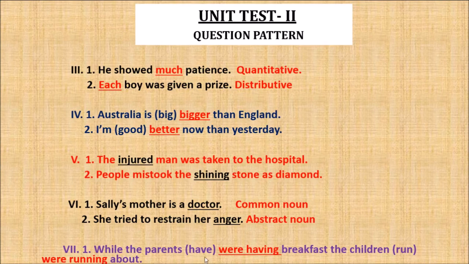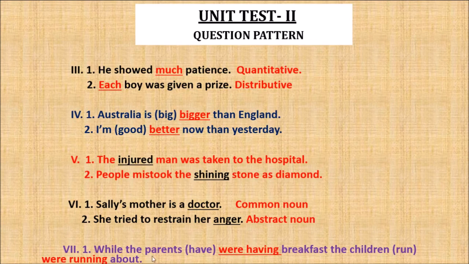While the parents having breakfast, we can't write having breakfast because the parents is plural, right? When the noun is in the plural form, it will be added along with a verb like were. While the parents were. If it is singular, what will come here? While his dad is having breakfast, right?